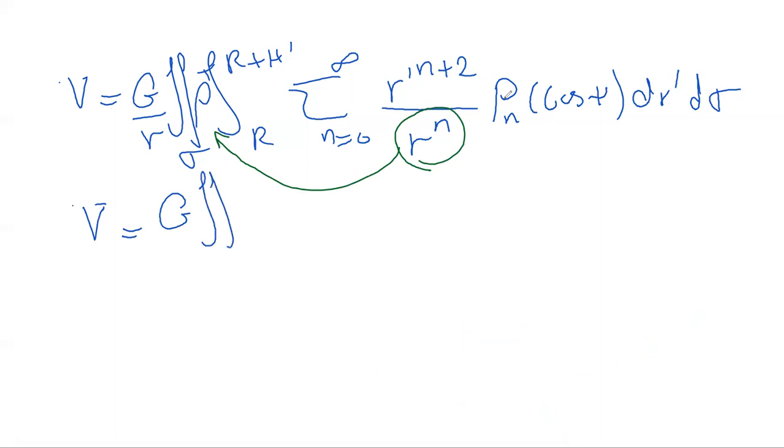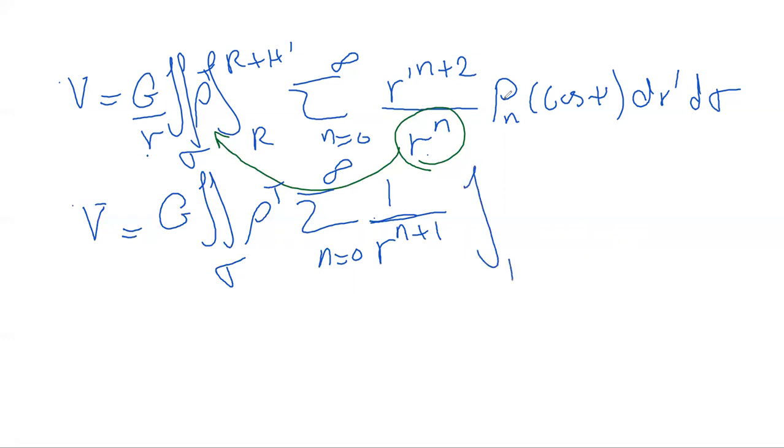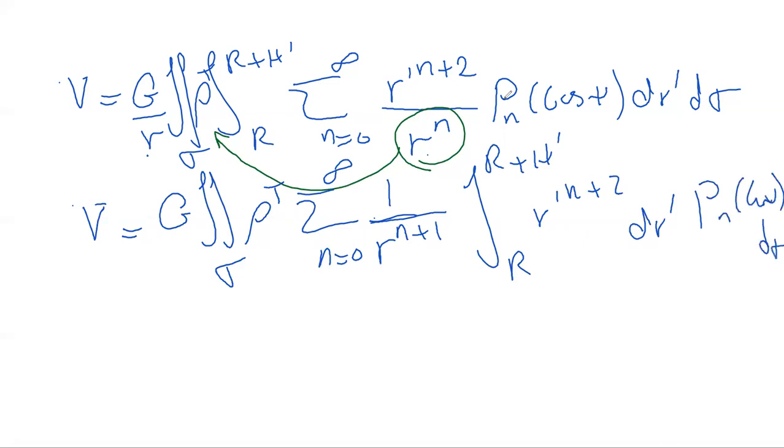I can take rho inside, the summation of this r multiplied by this one; I will write 1 over r to the power n plus 1, and the integral of r prime to the power n plus 2, dr prime, P_n cosine psi d sigma.